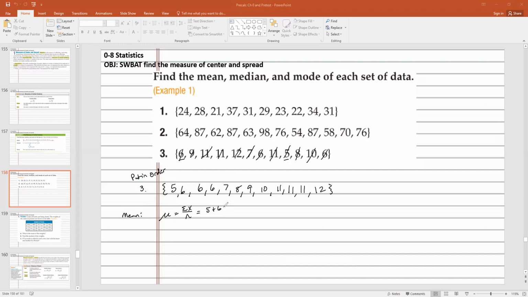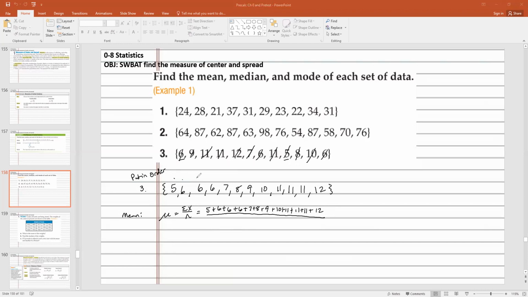5 plus 6 plus 6 plus 6 plus 7 plus 8 plus 9 plus 10 plus 11 plus 11 plus 11 plus 11 plus 12. Whew. All right. And then divide it by how many numbers we have.